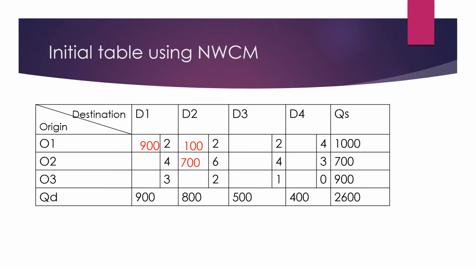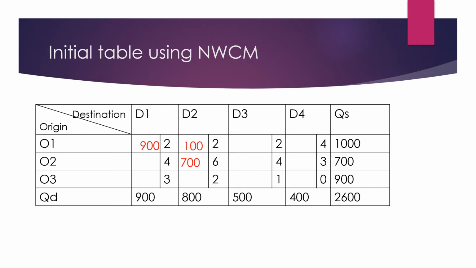Then all the demand of D2 is fulfilled and no more allocation for the D2 column. As well, the supply from O2 has been fulfilled. Therefore, no more supply is allocated from O2. Therefore, the O2 row is fulfilled with this supply.